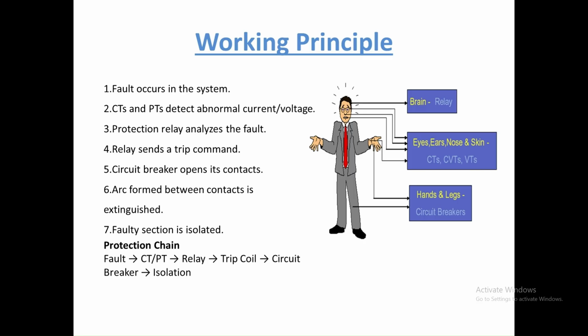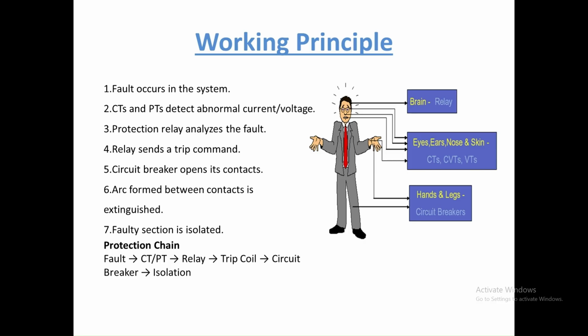Similarly, the hand and leg are the circuit breaker and isolator, that is the output most of the time in a system. So how do these devices function in a real system?